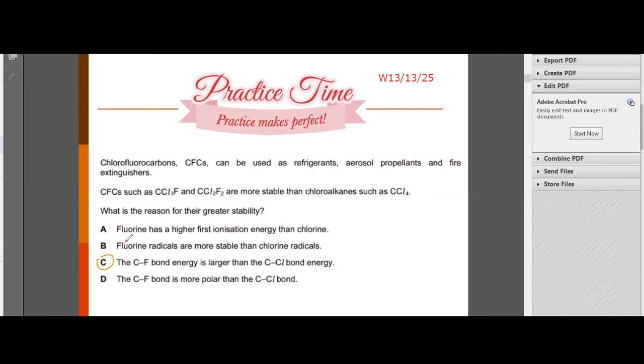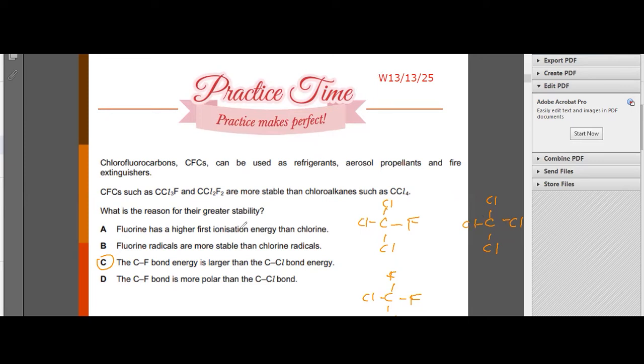Okay, why C? You can see that CFCs such as CCl3F and CCl2F2 are more stable than chloroalkene. The fluorine atom present in CCl3F or CCl2F2 means one or two chlorines from CCl4 have been replaced with fluorine.